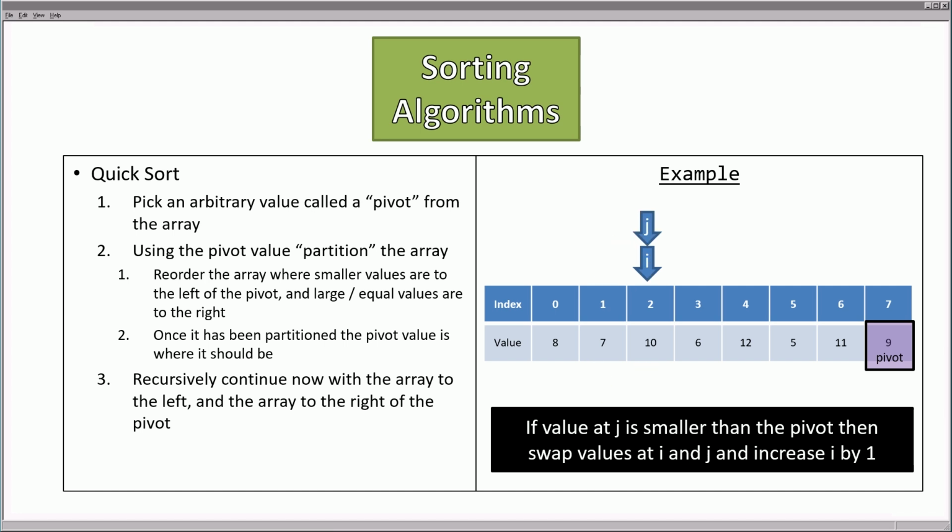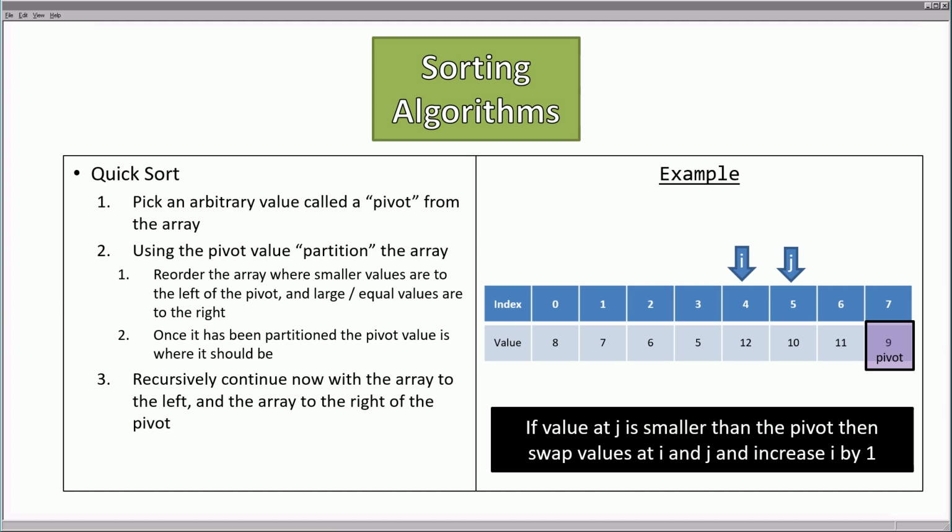We then increase the i. Moving the j forward, 6 is less than 9, we have to swap the values, increase the i. Moving j forward, 12 is not less than 9, move it forward. 5 is less than 9, swap the values at i and j, then increase the i.